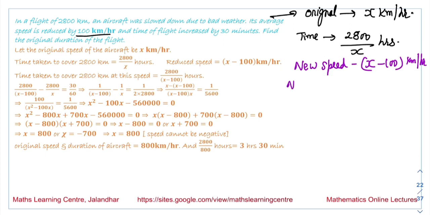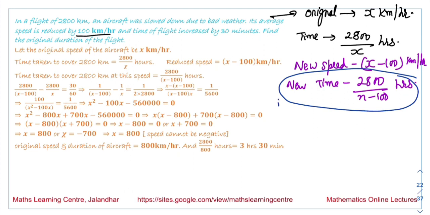So the new time is 2800 over x minus 100 hours. Now what is given to us is that its average speed is reduced, so the time taken will be increased, and the difference between the two times is 30 minutes. 30 minutes means 1 by 2 hours.